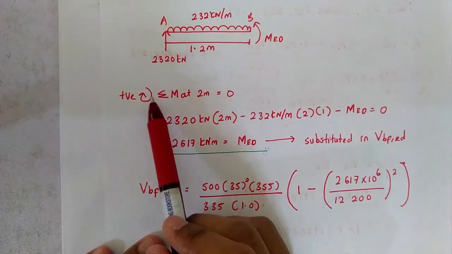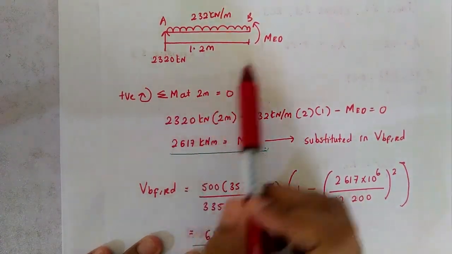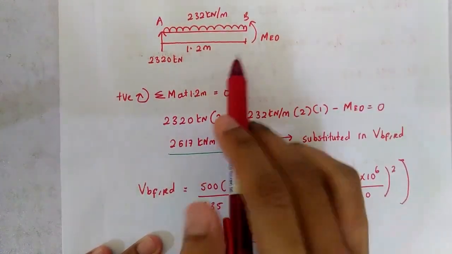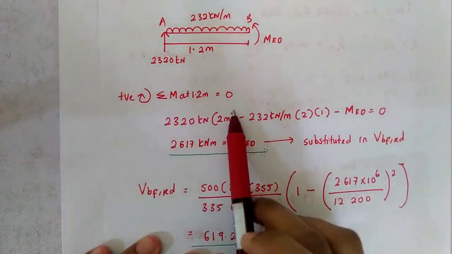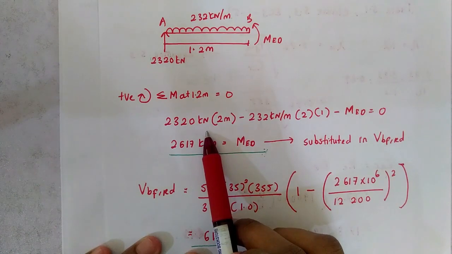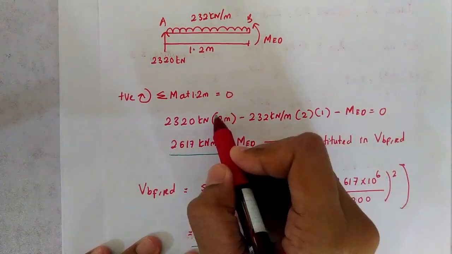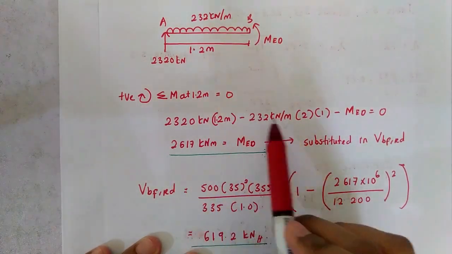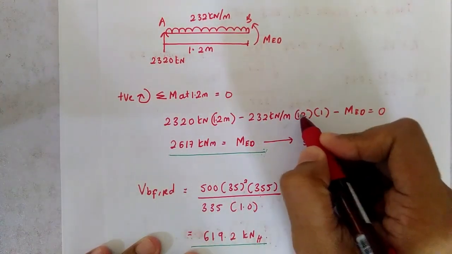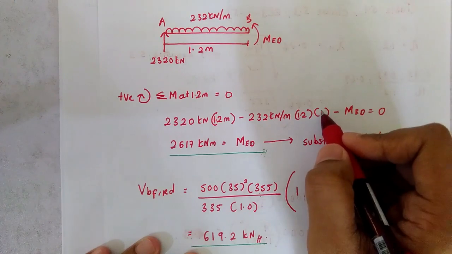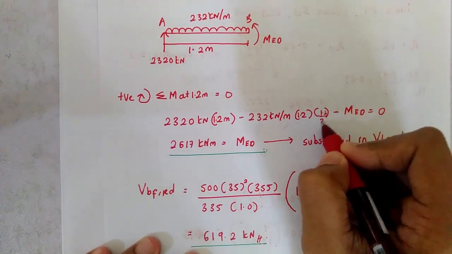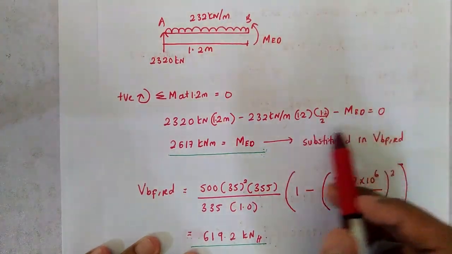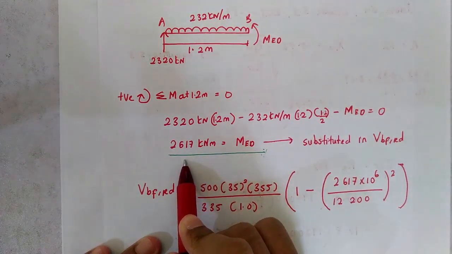So by taking the equilibrium of forces, summation of moment at 1.2 meter, positive equals to 0. So then 2320 times 1.2 meter, minus 232 times 1.2 divided by 2. Once you calculate it, you will get 2617 kilonewton meter.